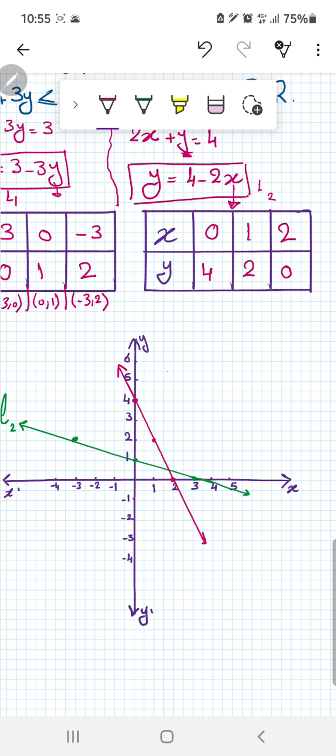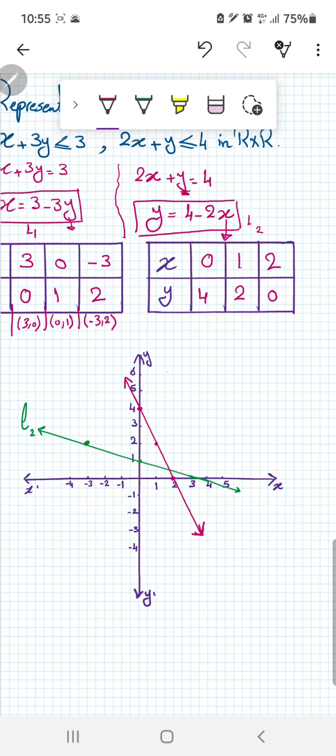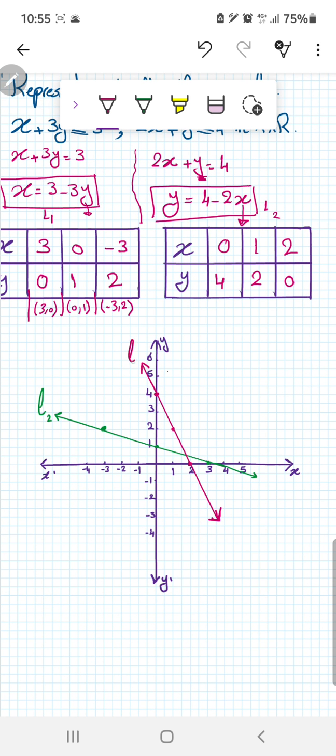The solution set here will be the intersection region between the two inequalities. Here which is L2. The intersection between the two straight lines here will be this part. Okay? So here will be the intersection region between the two inequalities.